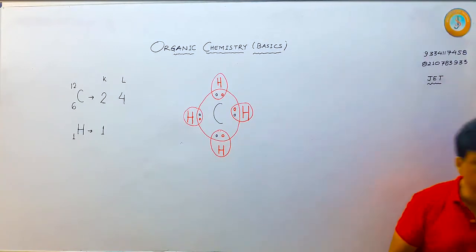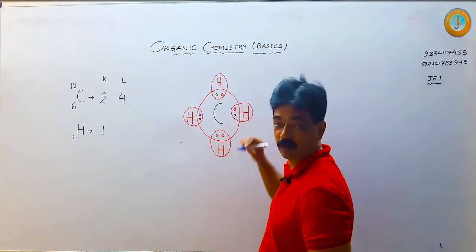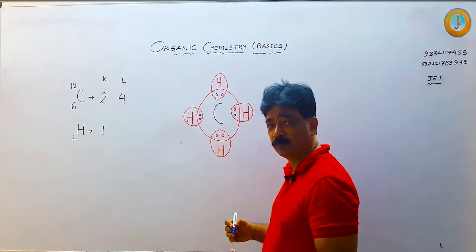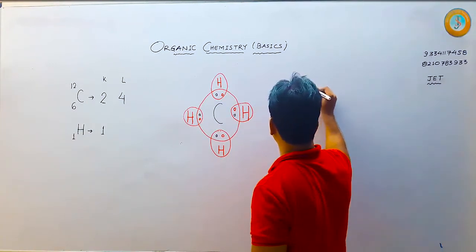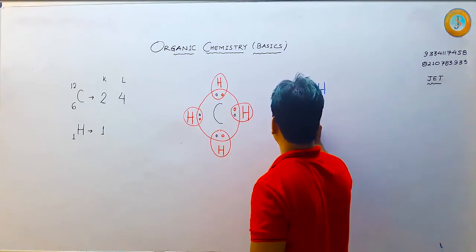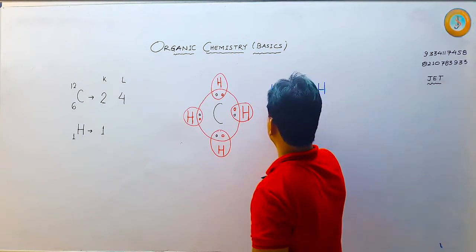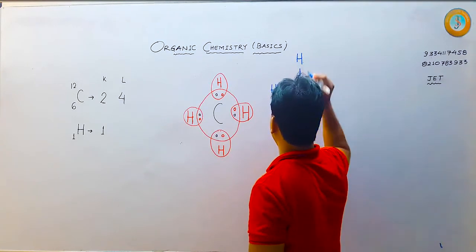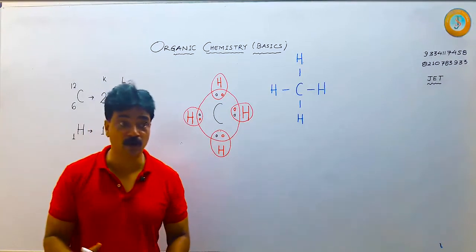Have a look, carbon's octet is complete. Now for the next few compounds, we will put one stick for one shared pair of electrons, and therefore we get 4 sticks. This is the root which we have to understand while naming organic compounds by writing structural and molecular formula.